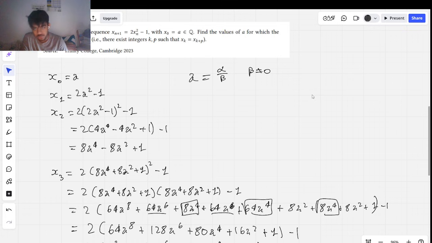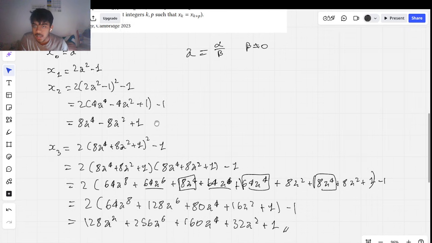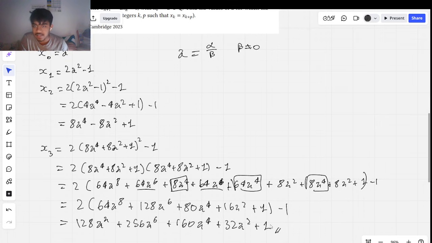I'm not going to continue working out more terms of this sequence because it is quite algebraically heavy. It's very likely I make a mistake. If I make a mistake early on, I will have the whole thing wrong. So I will keep it from x naught to x3. That's 4 terms.